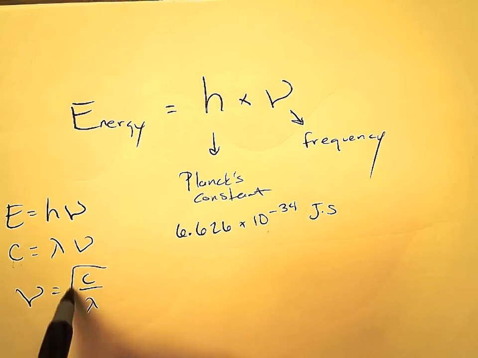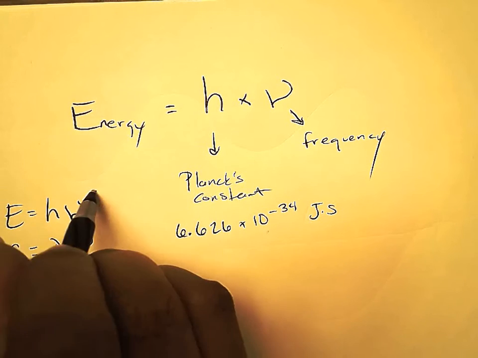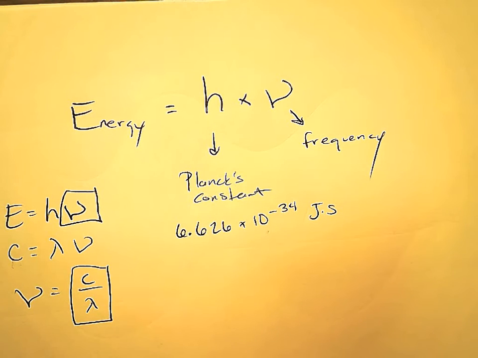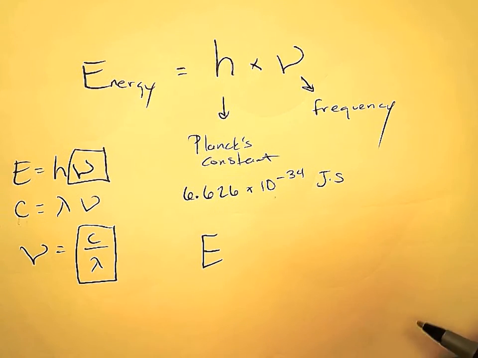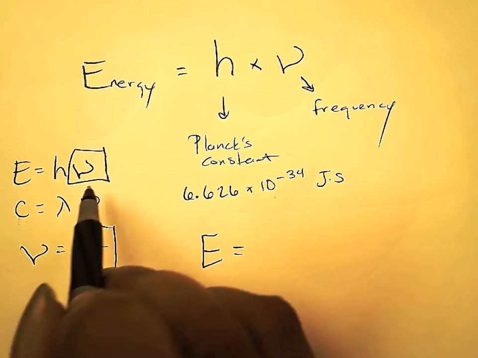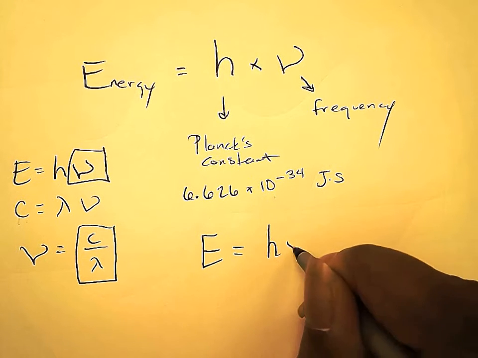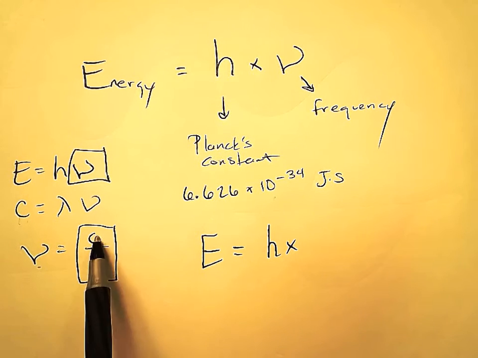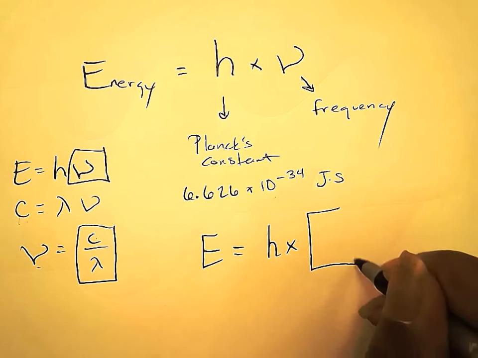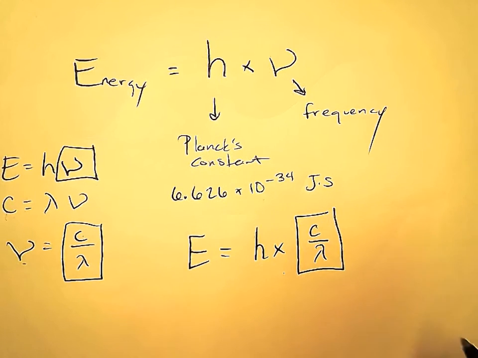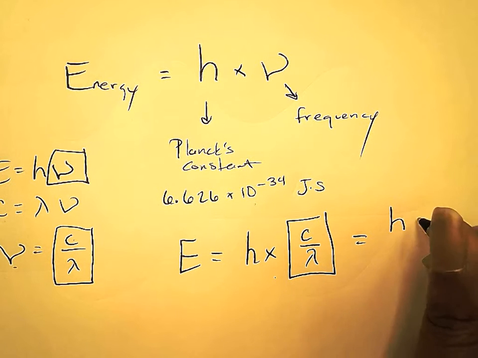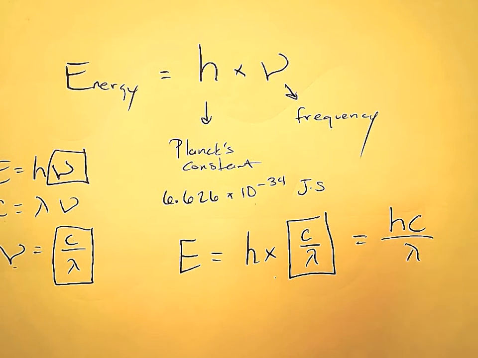How about we take that and plug that into here for nu? So that way you get this equation that's just a combination of those two. E equals h times nu. Nu is c over lambda, so h times c over lambda, which you can rewrite as hc over lambda.